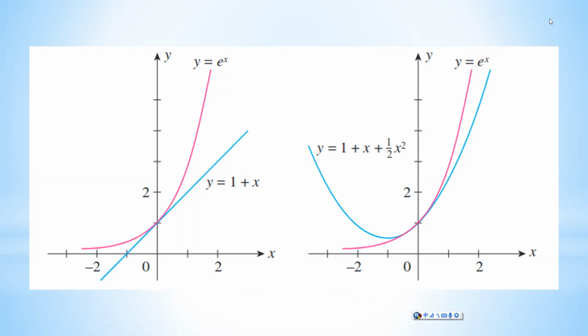So the linear approximation basically uses the tangent line idea, the best line fitting the function near x equals c. In the quadratic approximation on the right side, you are using a parabola at the same point to approximate our original function.